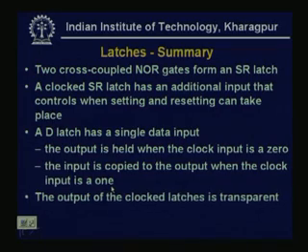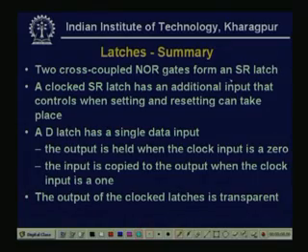Now, so far we have discussed the latches. If we summarize what we have read about the latches, two cross coupled NOR gates form an SR latch, the set and reset latch. A clocked SR latch has an additional input that controls when setting and resetting can take place.